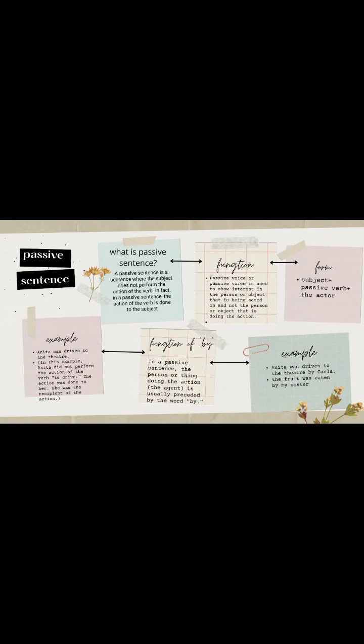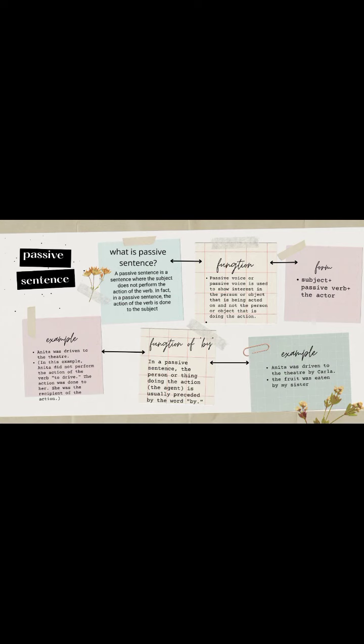So the example that I give is Anita was driven to the theater. In this example, Anita didn't perform the action of the verb, which is to drive. The action was done to her. She was the recipient of the action.